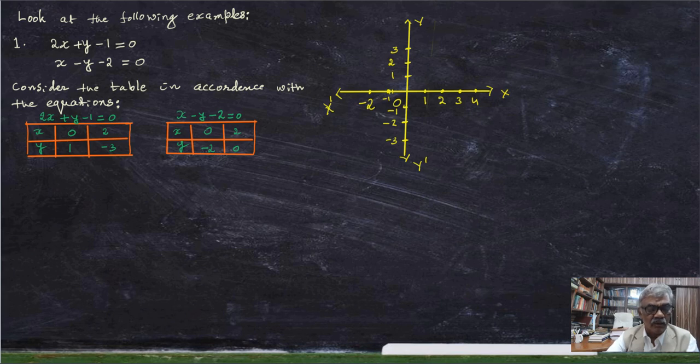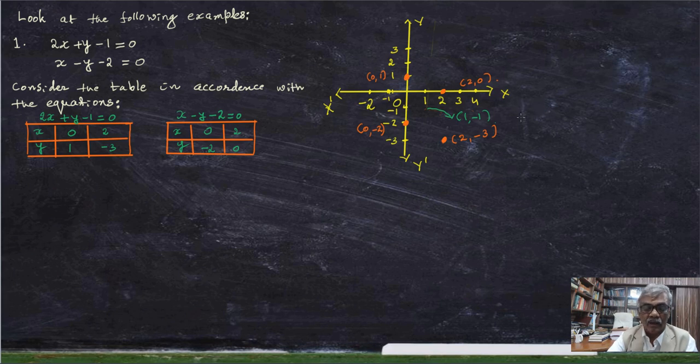We plot the points according to the tables. From the first table, 0 and 1, and 2 and -3, and from the second, 0 and -2, and 2 and 0. These 4 points have been plotted on the coordinate axis.